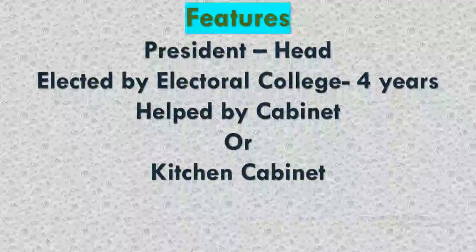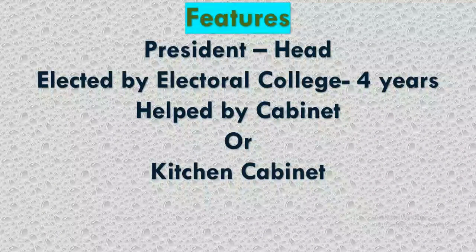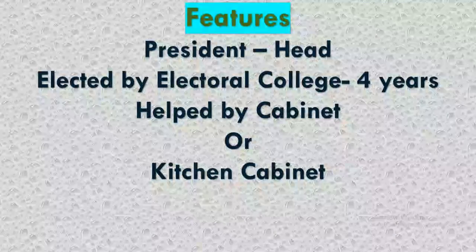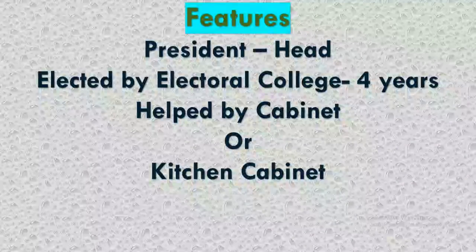We'll see the features of the presidential form of government. The President will be the head of the state. He occupies a ceremonial position. The President is elected by the electoral college for a period of 4 years.